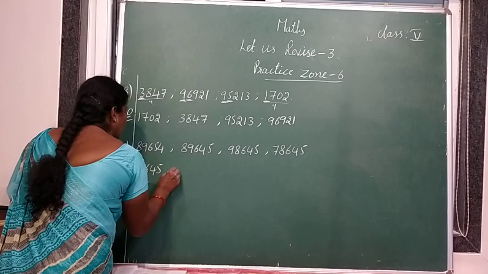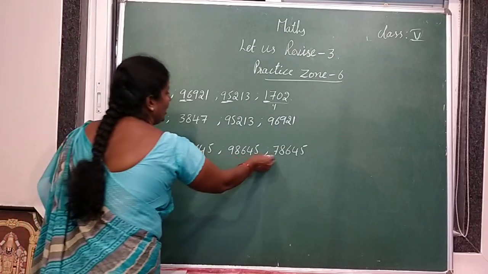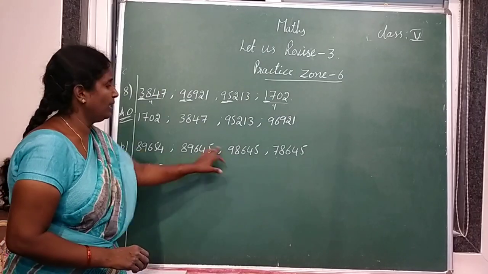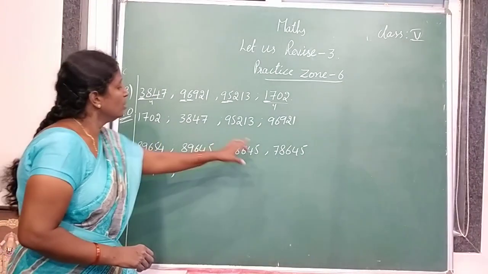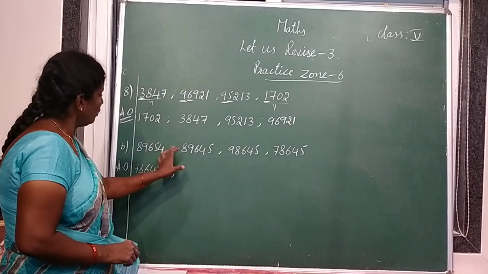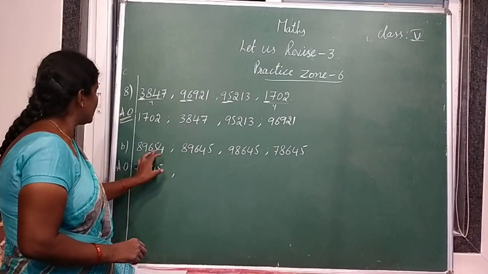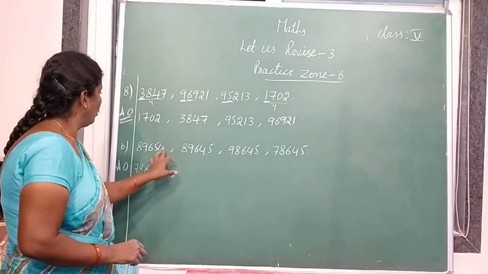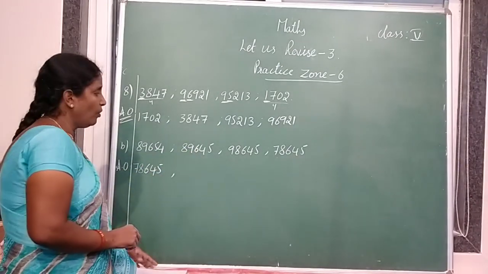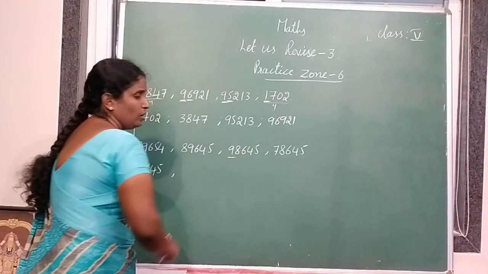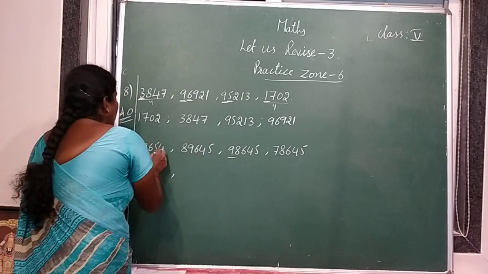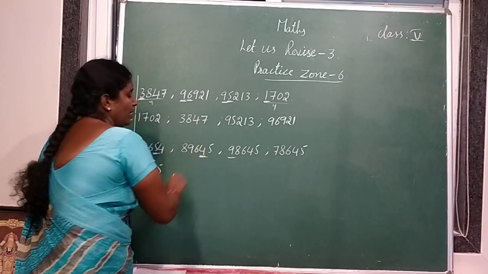78,645 is smaller because 7 in the 10,000s place, in the remaining numbers 8 and 9 in the 10,000s place. So it is smaller. Next, 89,600 and 5, 4. Which is smaller? 4 is smaller. It is 9 in the 10,000s place, but here 8 in the 10,000s place. The tens place digit is different.